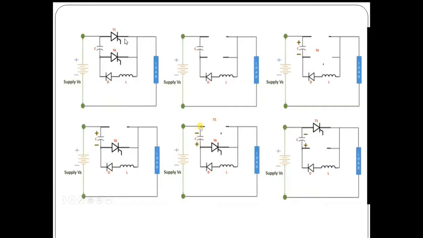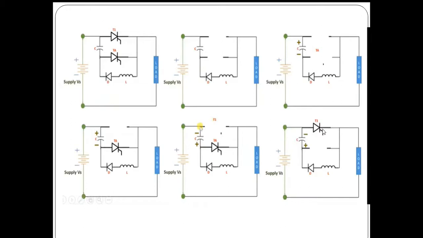So here we are having main thyristor T1, capacitor, auxiliary thyristor TA, inductor. So initially the thyristors T1 and TA will be off and the capacitor will be fully charged.